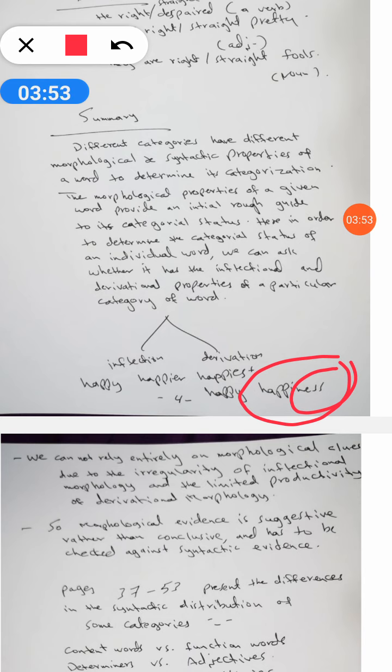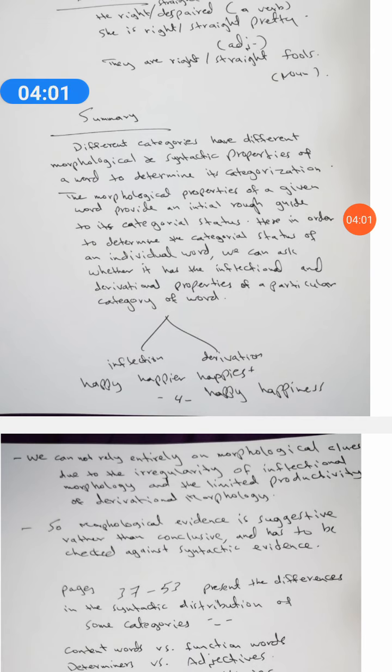In inflection we have irregularity, we have some problems, and for the derivation we have the limited productivity of derivation because, as you know, derivational suffixes usually are not rule bound or rule governed. Usually, we just add these haphazardly and randomly without any rule.